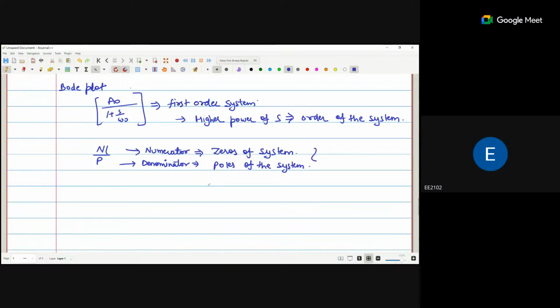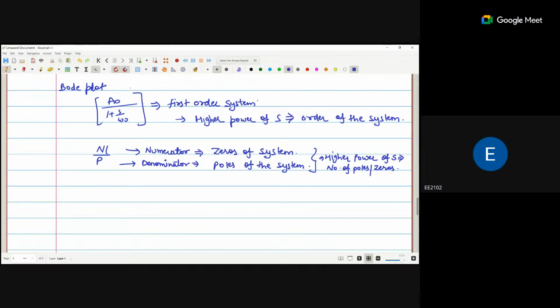So the highest power of S also represents the number of poles or zeros. If the highest power of S is in the numerator, it defines the number of zeros.